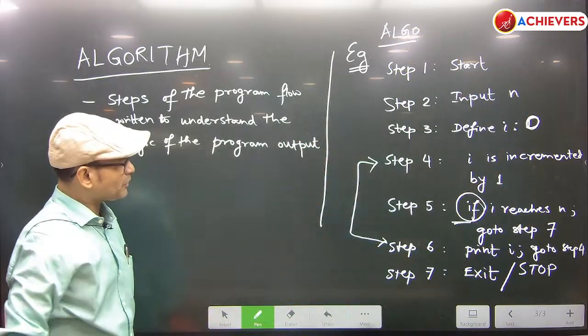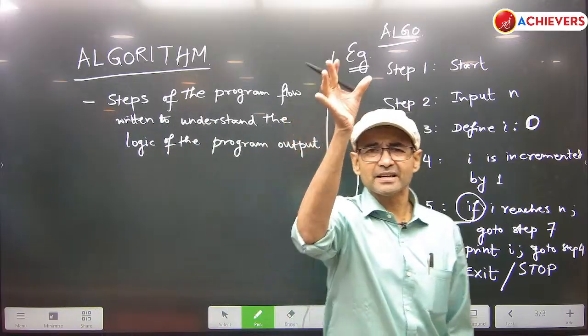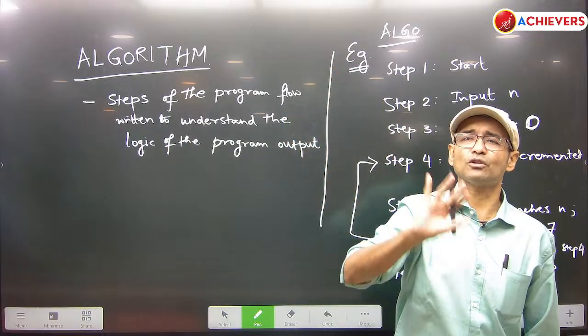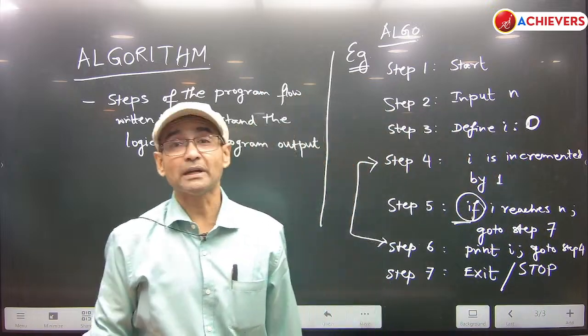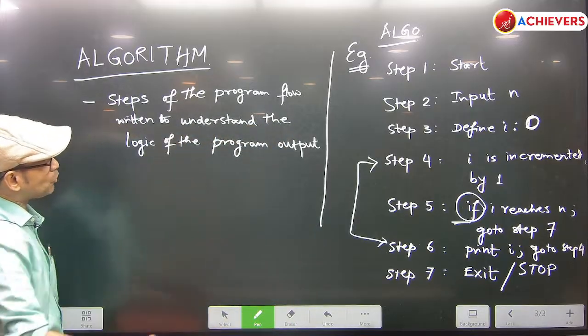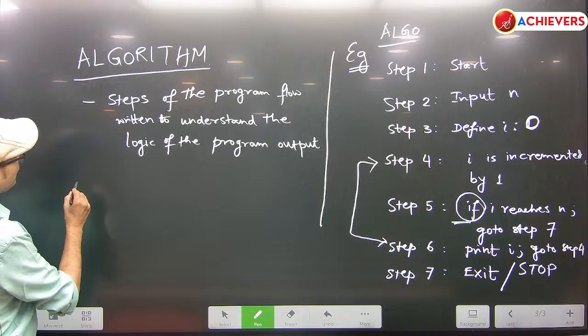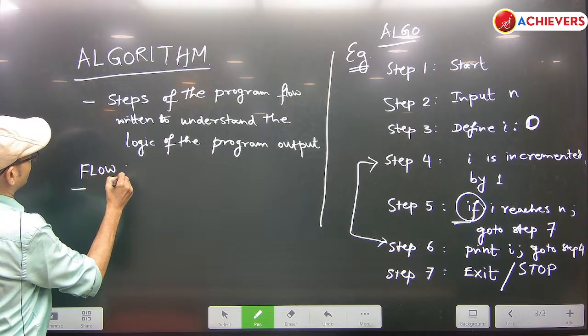Now, the pictorial representation of this line by line English like structure for the code is known as a flowchart. So what is a flowchart? A flowchart is nothing but the pictorial representation of the program.